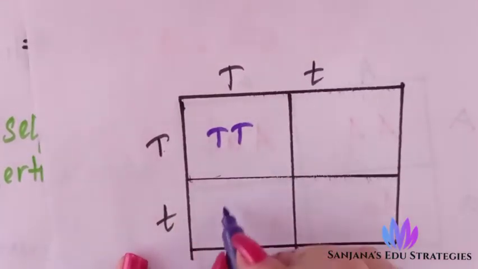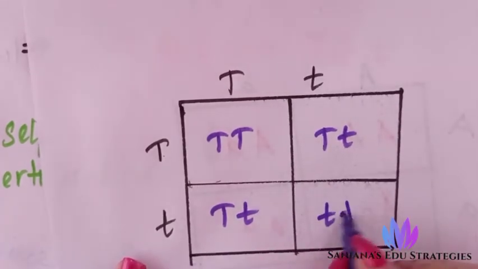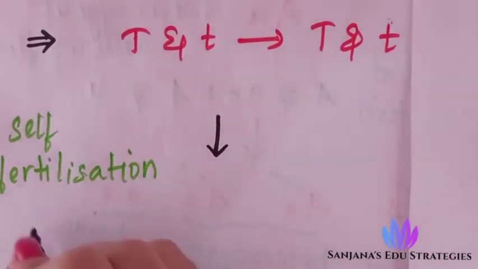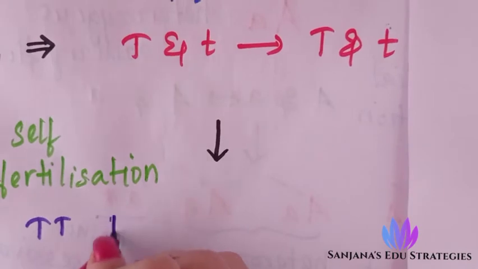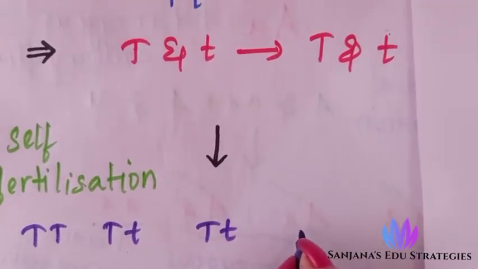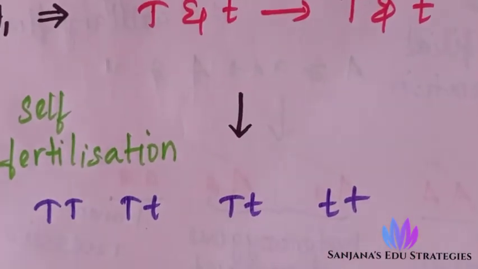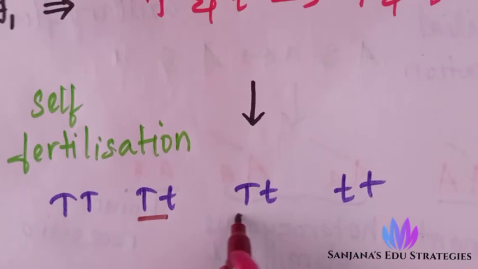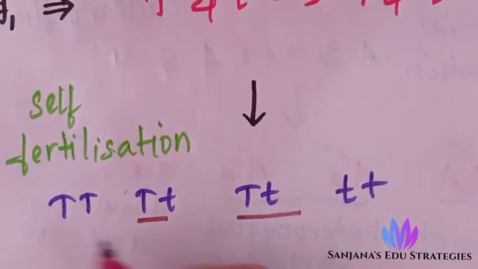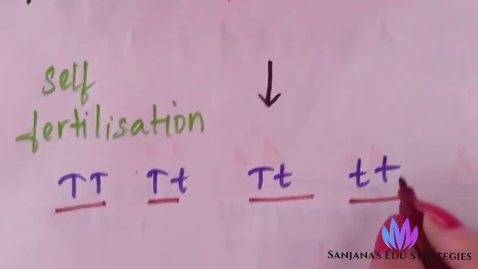Capital T, capital T, capital T, small t, small t, small t, small t, small t. So from this, what can you understand? You got 2 heterozygous dominant, 1 homozygous dominant, 1 homozygous recessive.